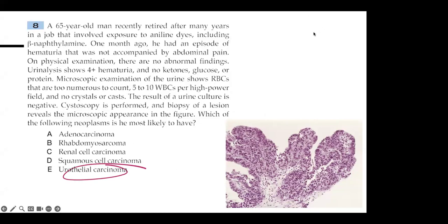Yeah, it's E. Although renal cell carcinoma does have hematuria, it could even be massive hematuria, this one has the risk factor of aniline dyes and naphthylamine, which narrows down your diagnosis, because that risk factor is particularly for urothelial carcinoma. And of course, they mentioned that they did a cystoscopy, and the biopsy was taken from a cystoscopy. So once again, you should be thinking of the bladder. So cystoscopy, bladder, so urothelial carcinoma.